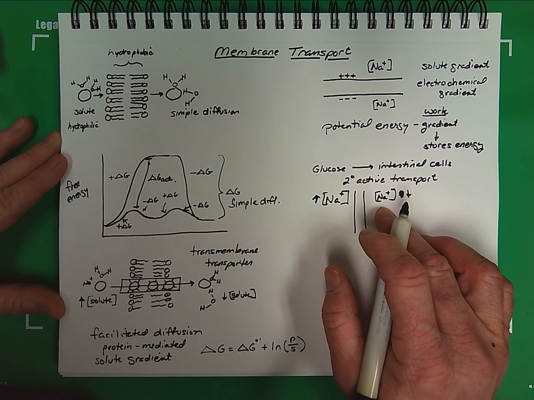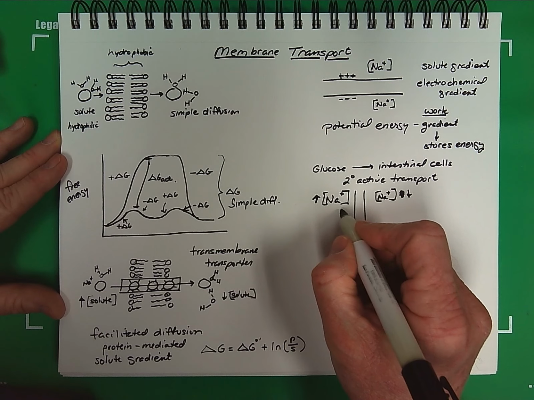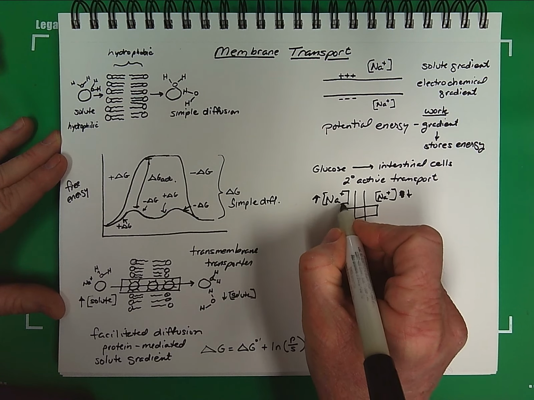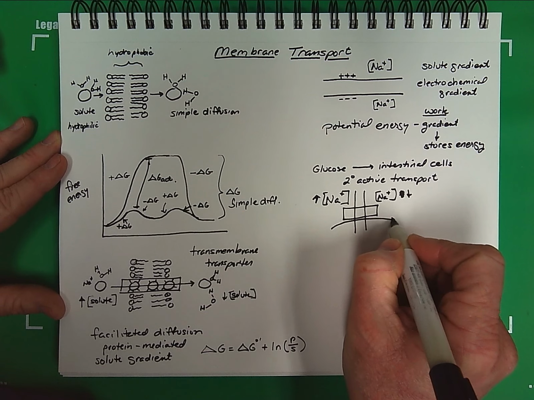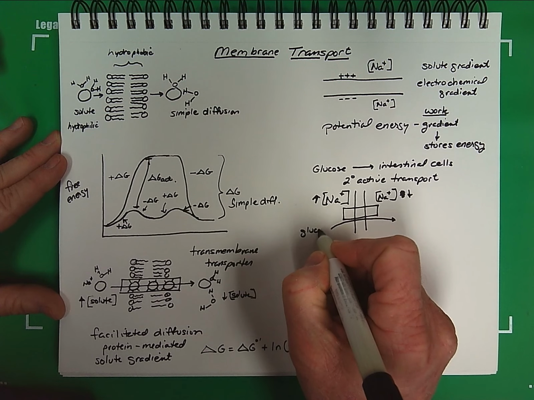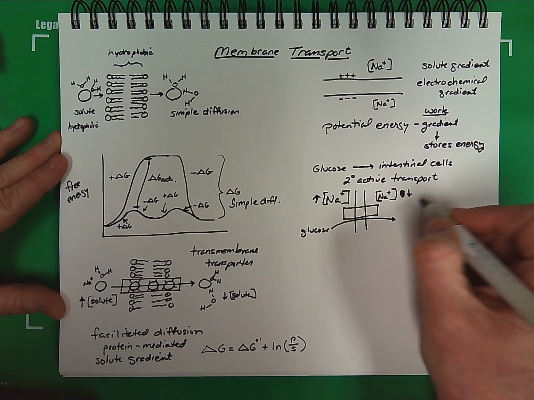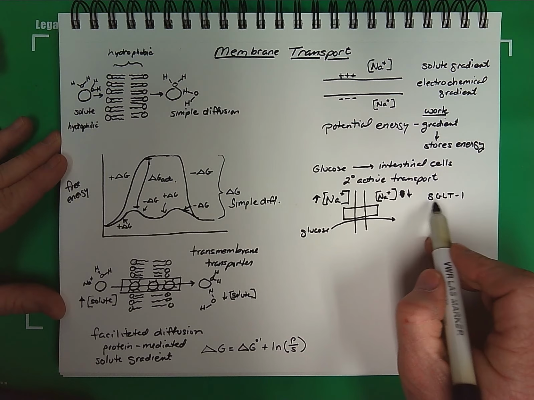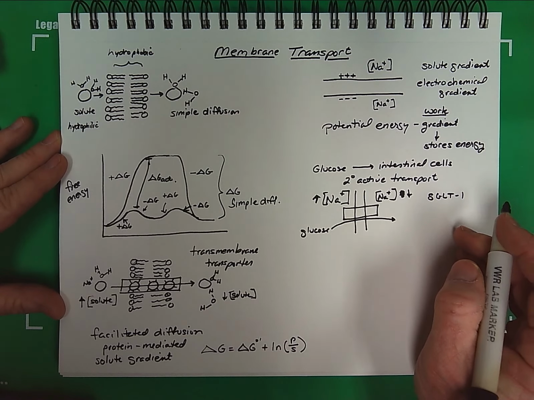This is creating potential energy. We are going to use this potential energy by transporting glucose. This, of course, is our SGLT1 transporter, sodium glucose transporter 1.